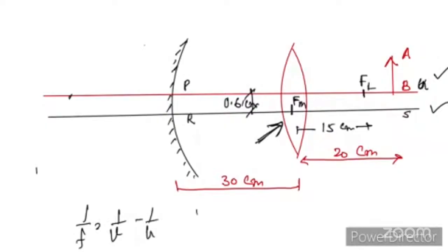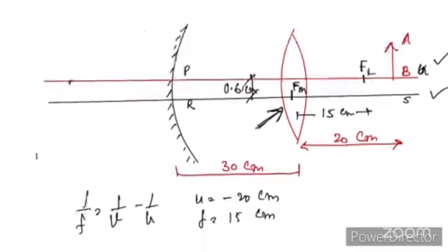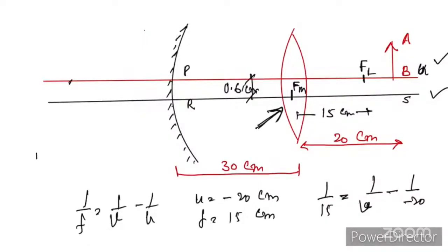Here, U is given as minus 20 centimeter and F is plus 15 centimeter because it is the focal length of the convex lens. Correct? So if we put these two things in this formula, then V is going to come 60 centimeter.